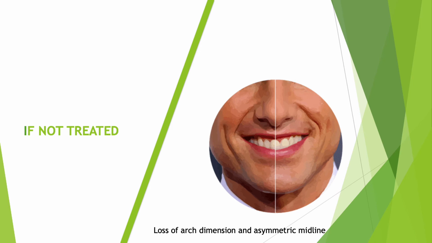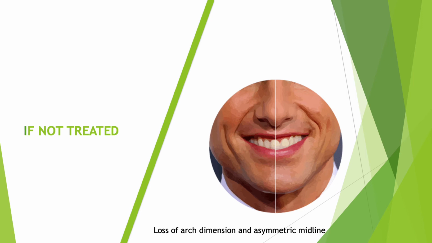How pleasing one looks. It is said that the most symmetric face is the most pleasing one, according to science. So if you don't get your child's crossbite treated, there will be loss of arch dimension.